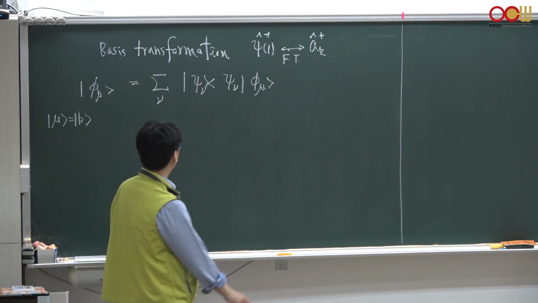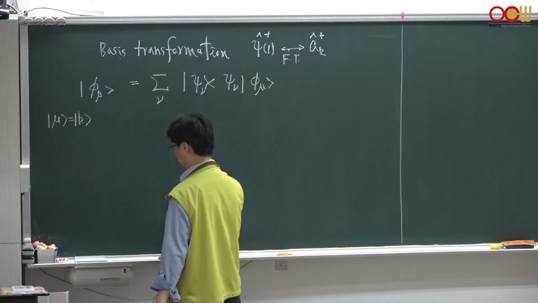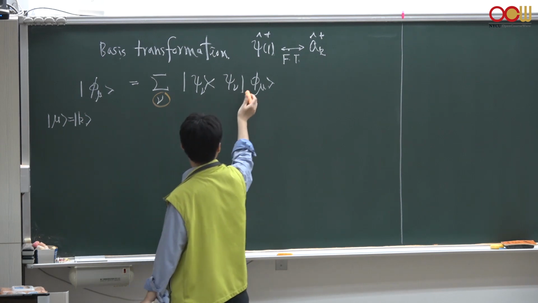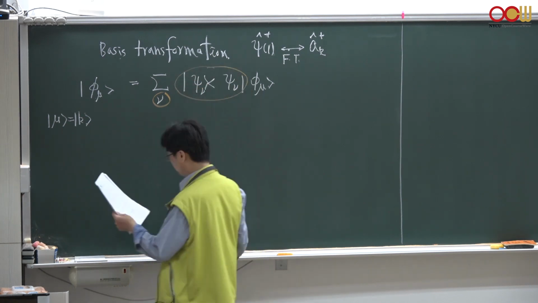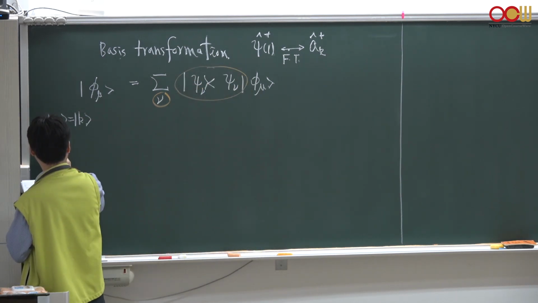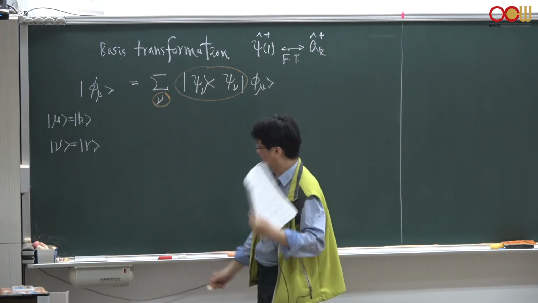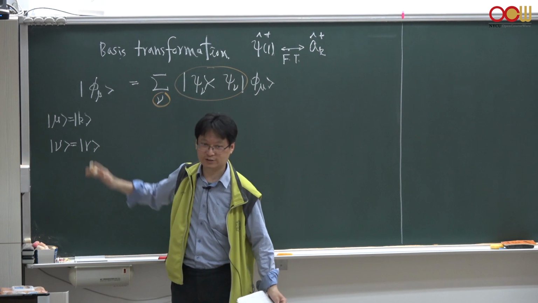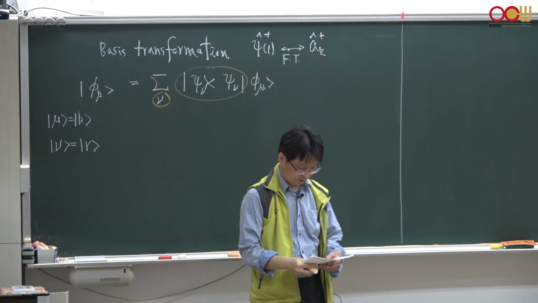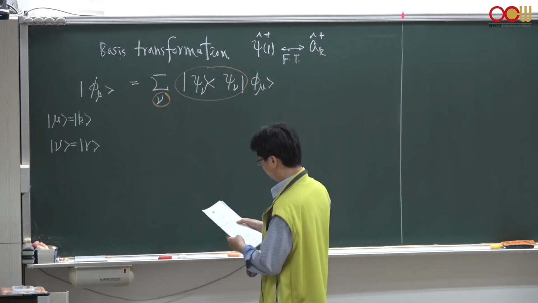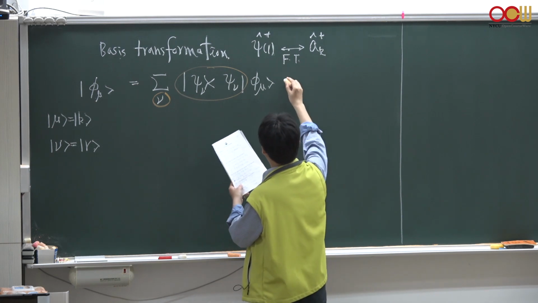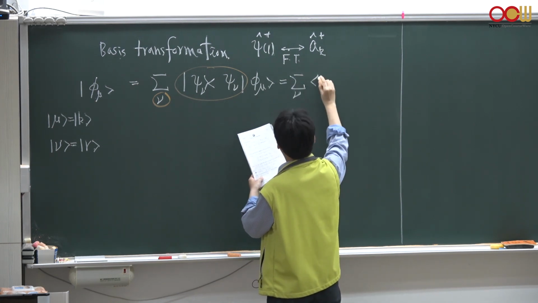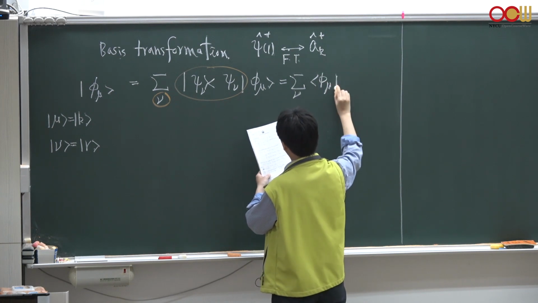And the new eigenbasis that I expanded this about is called nu. But in my mind, this nu represents real space eigenbasis. Okay? But you could interchange these definitions as you like.